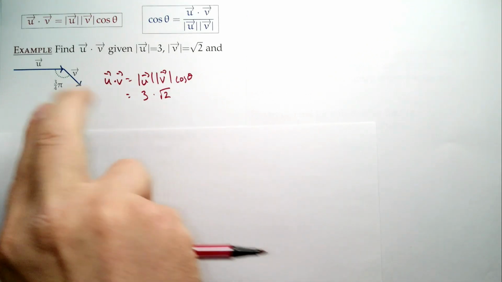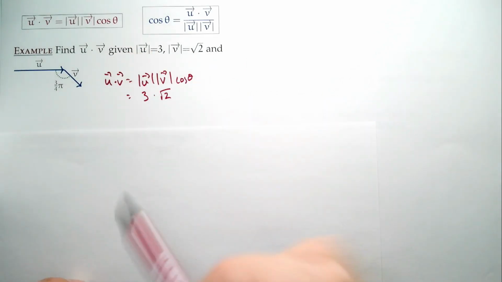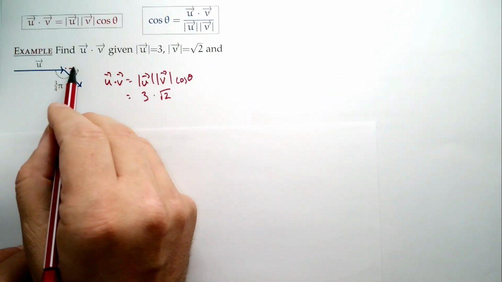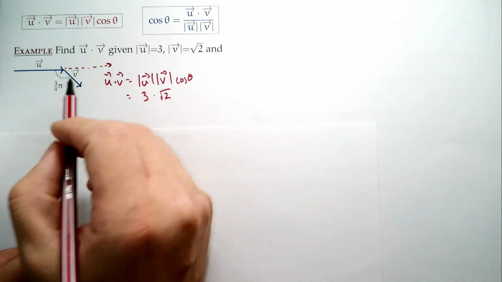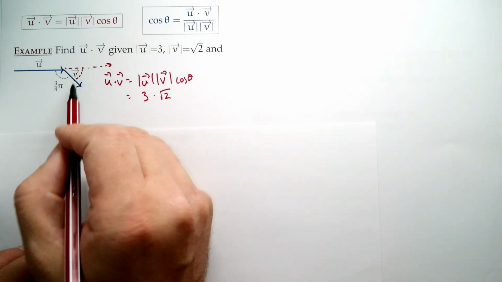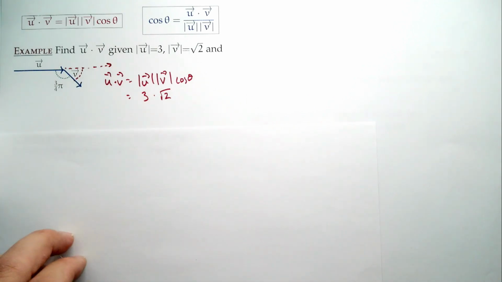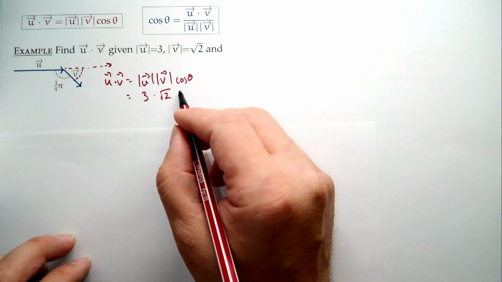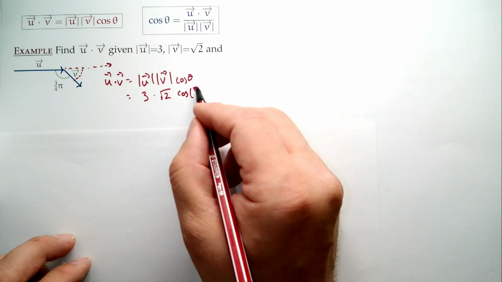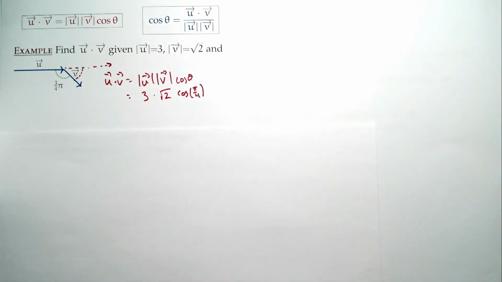Here's what we can do, is we can take u and slide it along. So I could move u so it's right here. And if I did that, then the angle between u and v would be this angle. So what is that angle? That's pi over 4. So be careful. Make sure you've got the right connection between the vectors.